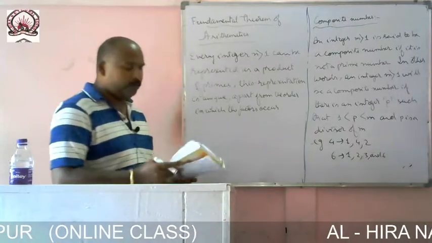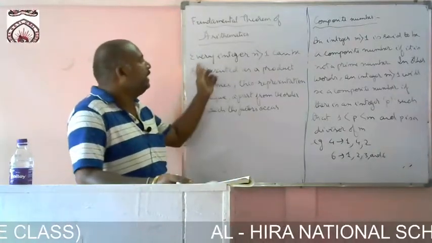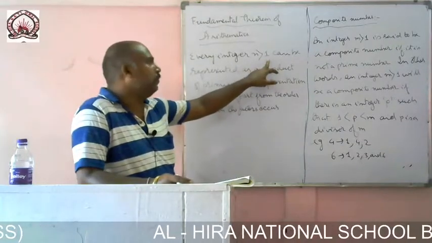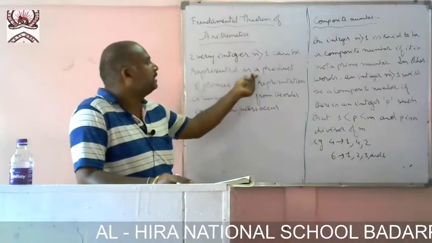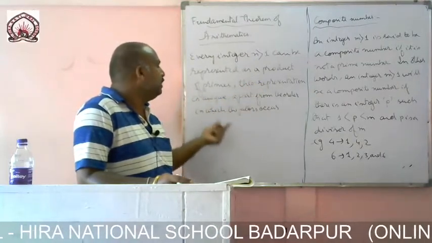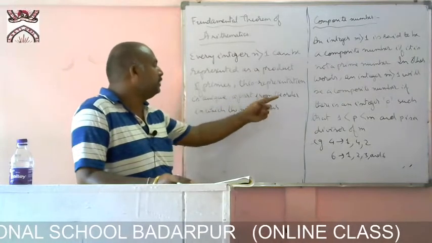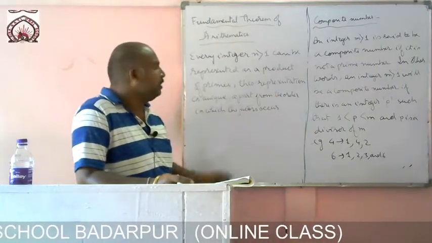Now, what is the meaning of it? Every integer n greater than 1 can be represented as the product of primes, and this representation is unique, apart from the order in which the factors occur.